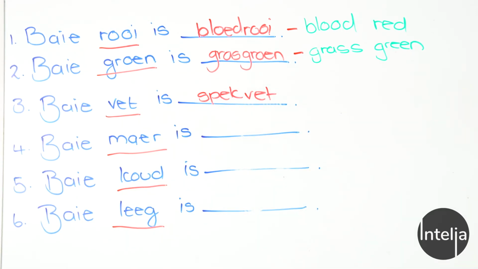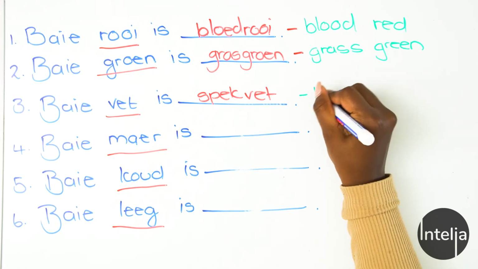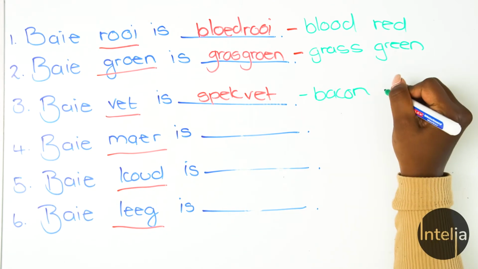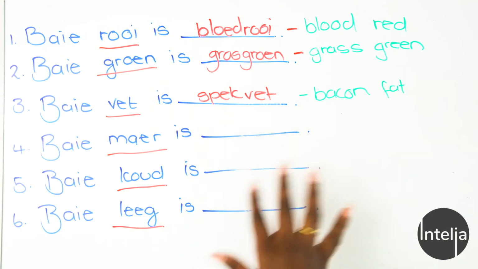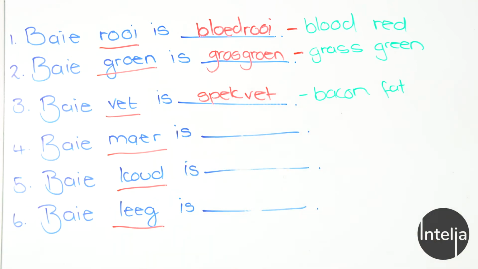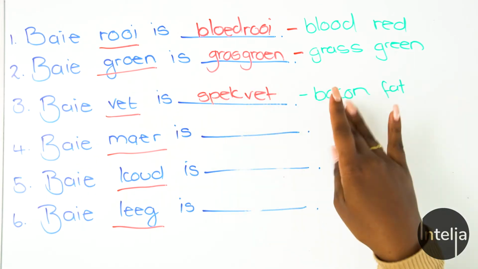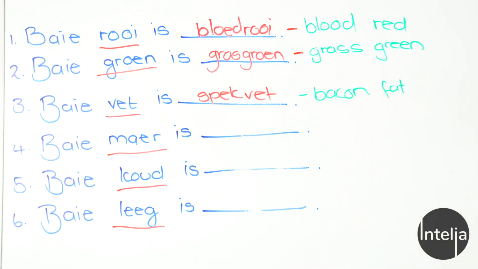If I had to translate it, spek actually means bacon. The reason I'm still writing this is because bacon is more specifically associated with pigs, so it could be as fat as a pig. I'm just putting bacon there because I'm trying to directly translate it, and like I said, I'm explaining the translation if it doesn't make sense. So spek means bacon, vet means fat, bacon fat, pig fat, as fat as a pig, basically.